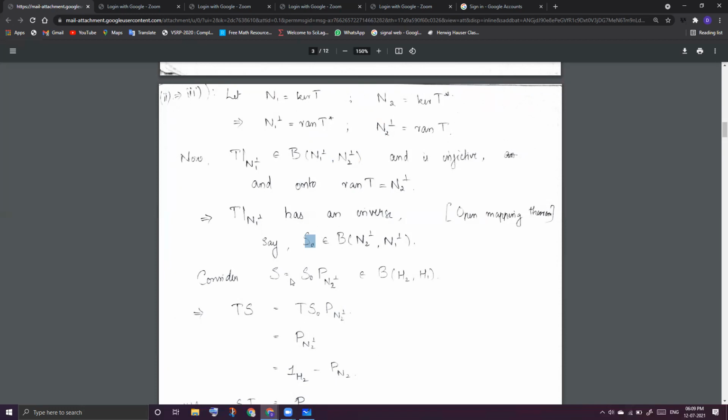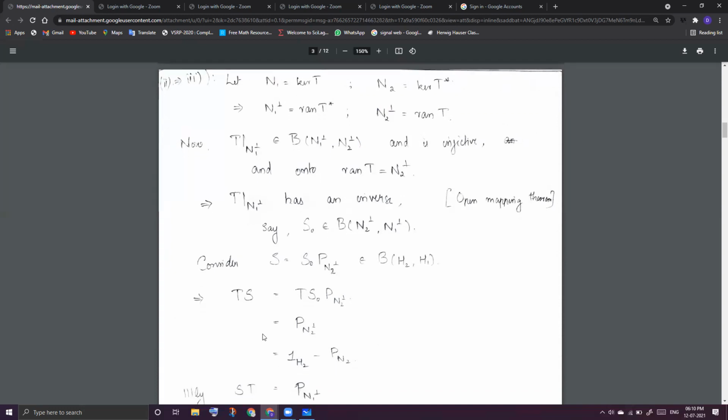So we define S to be the operator S0 composed with the projection P on N2 perp. This takes H2 to N2 perp, and composing with S0 takes it to N1 perp, which we can consider a subspace of H1. So this belongs to B(H), an operator from H2 to H1.